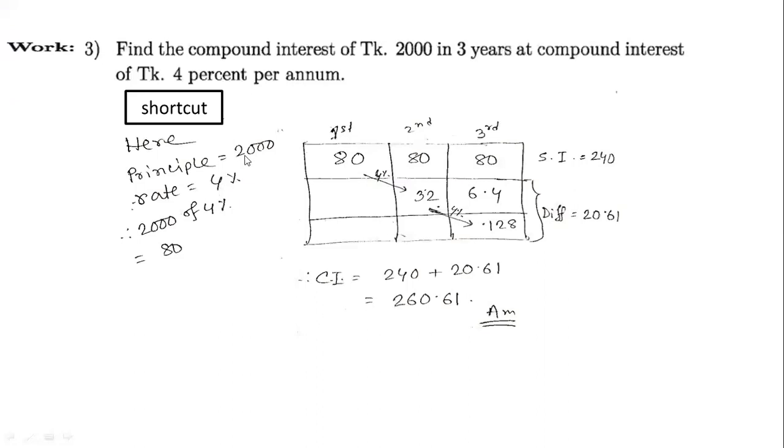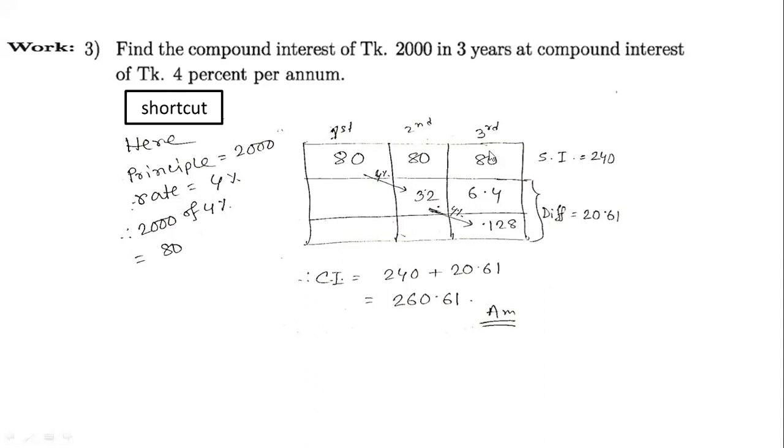So what about the 4% of 2000? That will be 2000 into 4 by 100. Just cancel the zeros, then it will be 80 taka. So our 80 taka will be the interest, and that will be known as the simple interest. Every year the person will get 80 taka as simple interest.